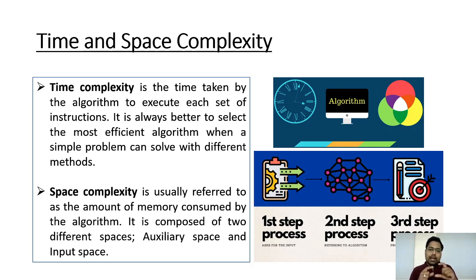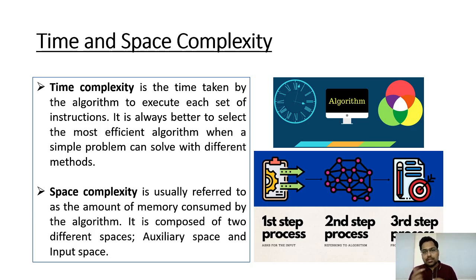Then that algorithm, whether it is taking less time to solve the problem or not, whether the solution you are providing is really taking less space and less time to provide the answer or not. If it is doing that, then we can say it is an effective algorithm.